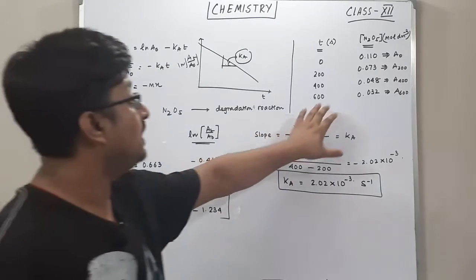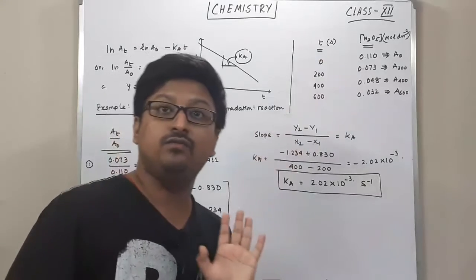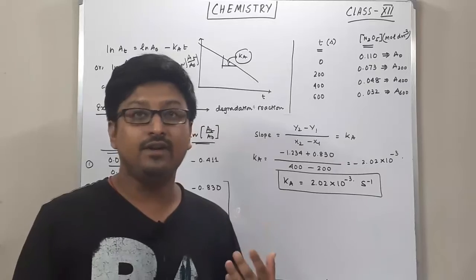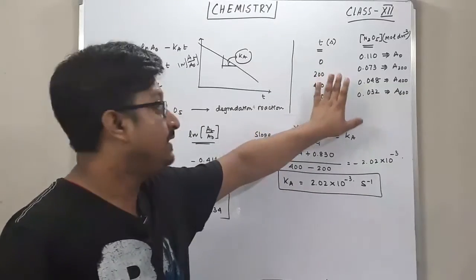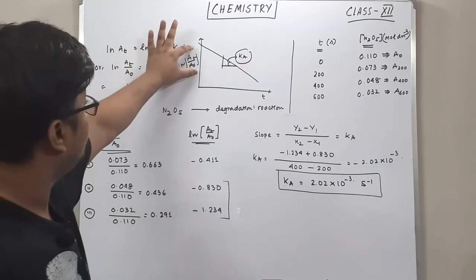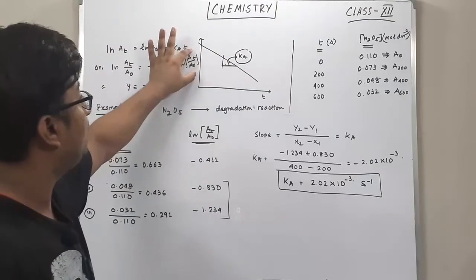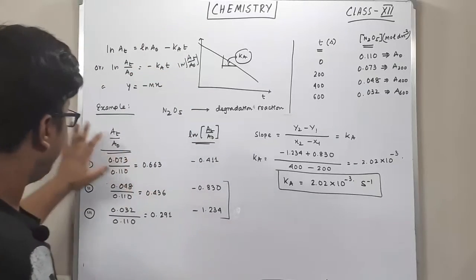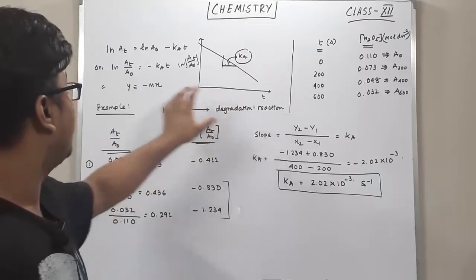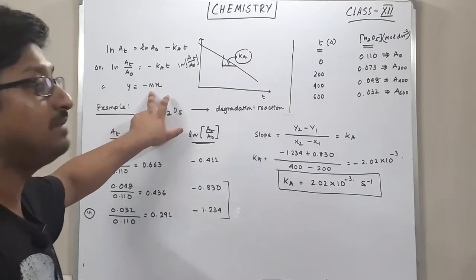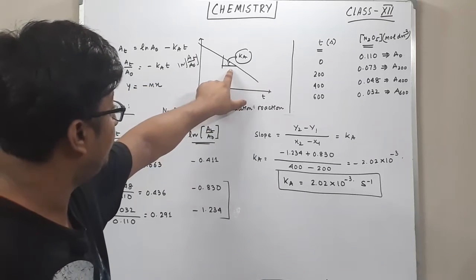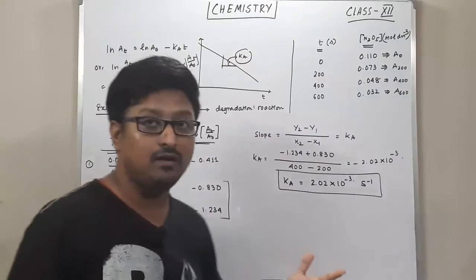So what I did here, first I made a table. I would recommend that when you target numerical problems on rate constant determination, you first make a table like that. Then after making this table, you calculate the corresponding x-axis and y-axis. Then the rate constant is nothing but given by the slope, which you determine from the normal straight line formula.